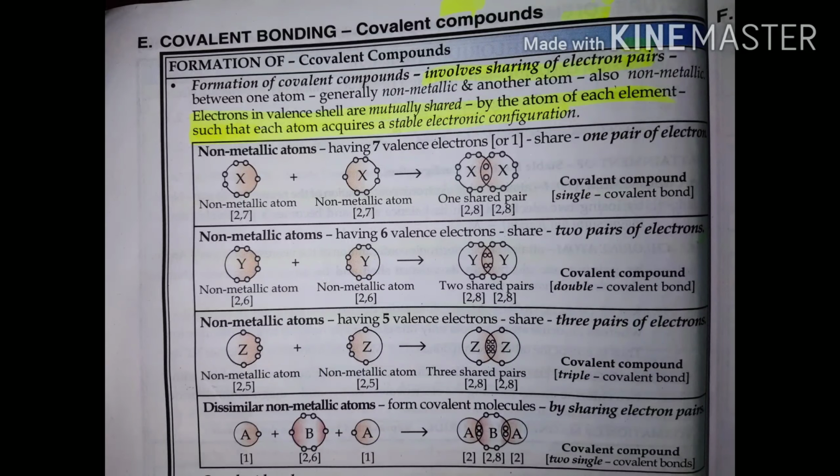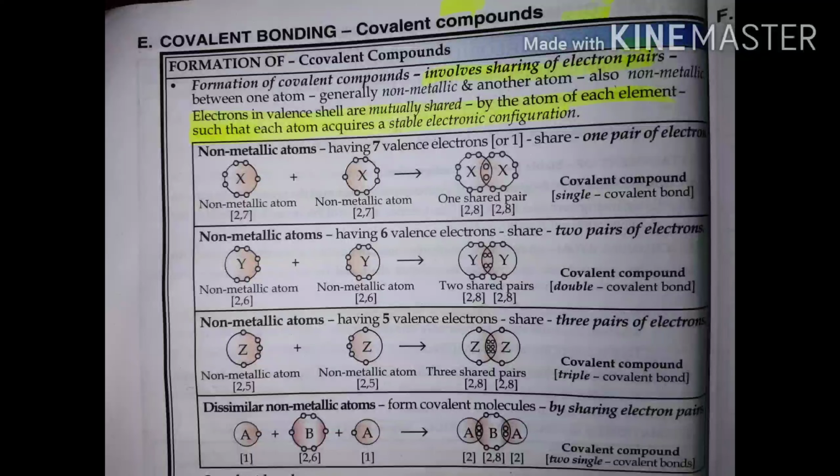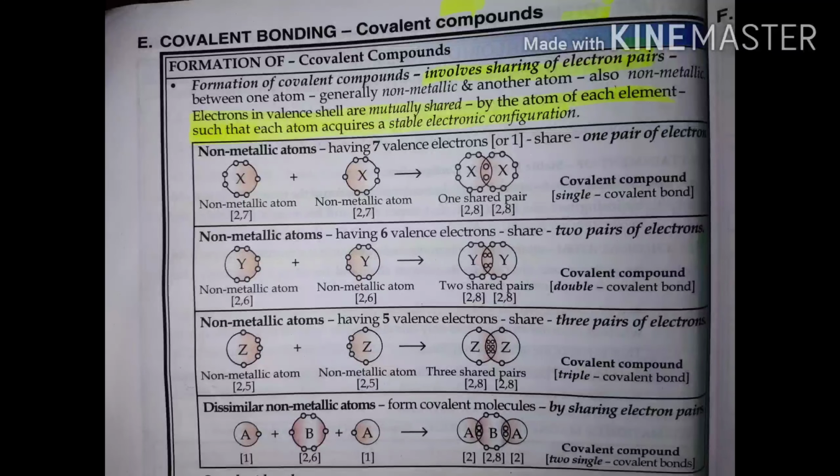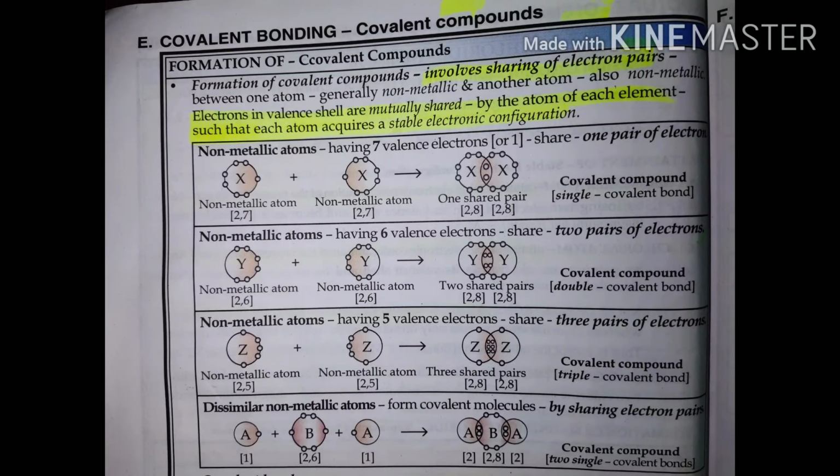You can see in the diagram alongside that both the atoms of X come together. They come close to each other, and they share one electron from each one. Means they share two electrons, one pair of electrons, with each other.